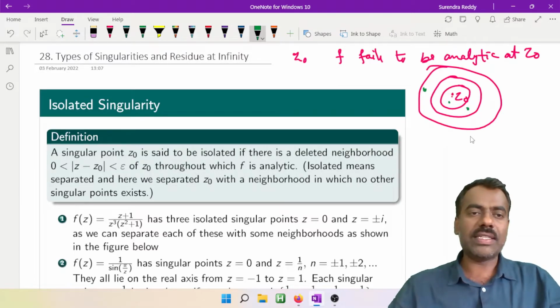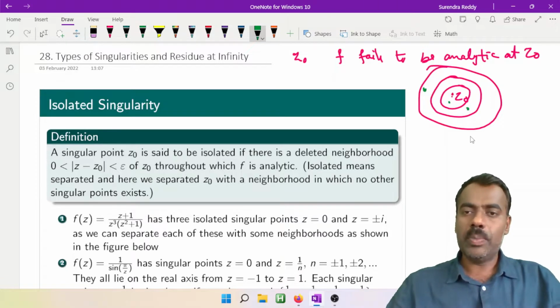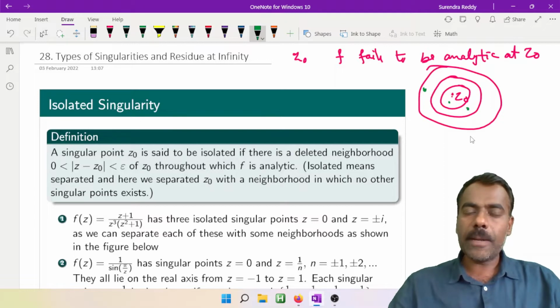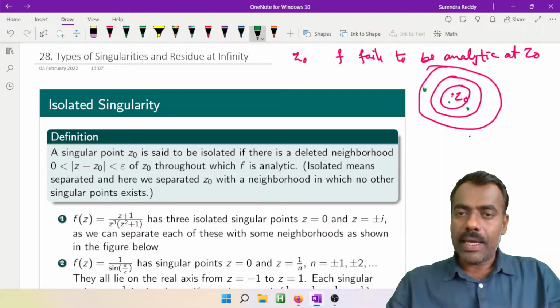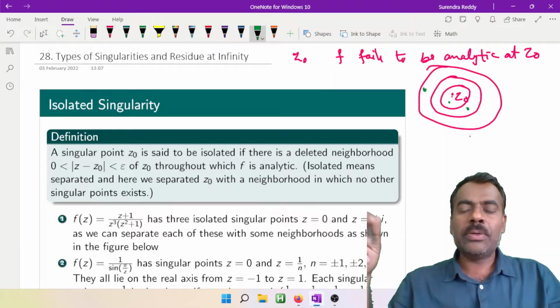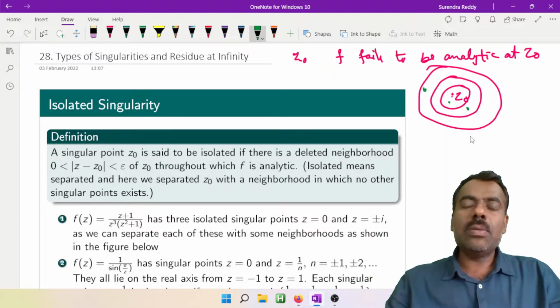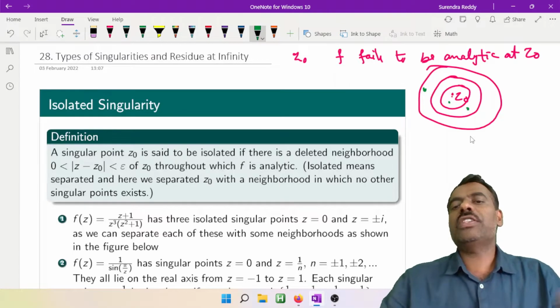Then we say that point is a singular point. So at that point f is not analytic, but around that point, however small a neighborhood you take, there will be at least one point in that neighborhood where f is analytic.